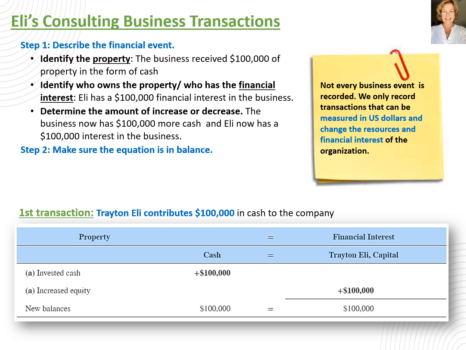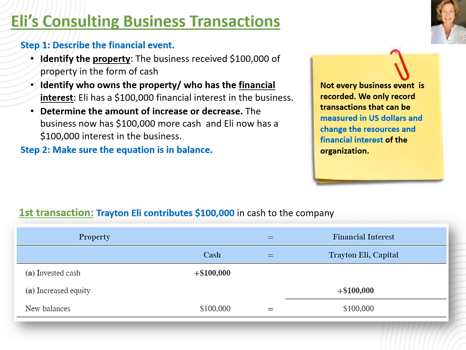We first describe the financial event by identifying the property, which in our case is that the business received $100,000 in the form of cash. Then we identify who owns the property and who has the financial interest. For this transaction, Eli has $100,000 financial interest in the business.